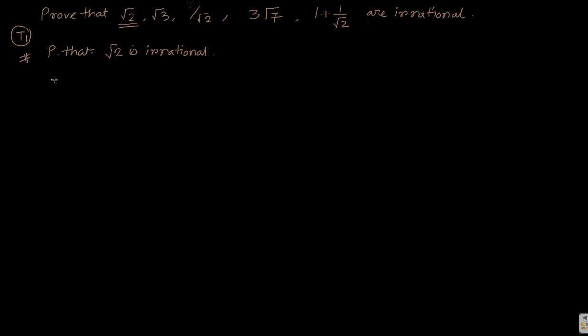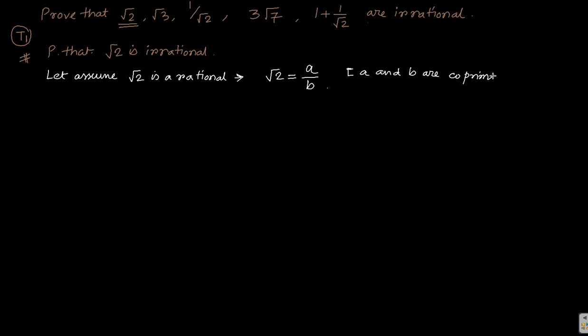Let us assume root 2 is rational. As we are assuming that root 2 is rational, it means that root 2 can be represented in the form of a by b, where a and b are co-prime, meaning if they are rational then they are co-prime, and b is never equal to 0.